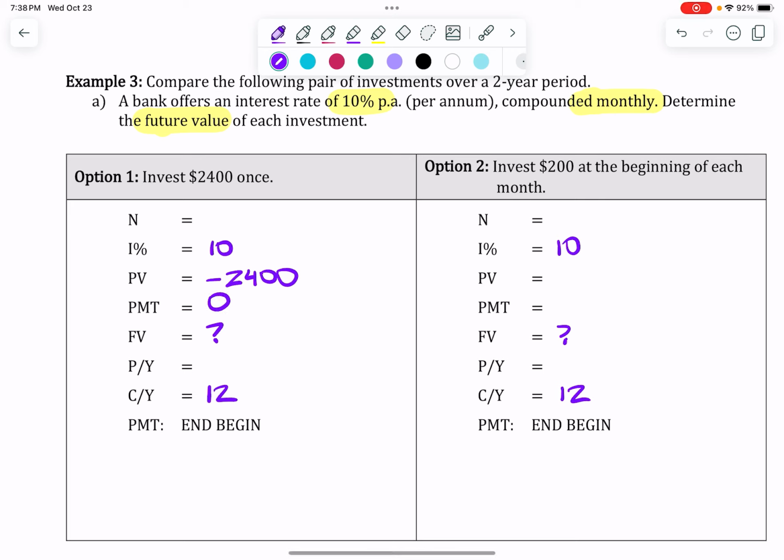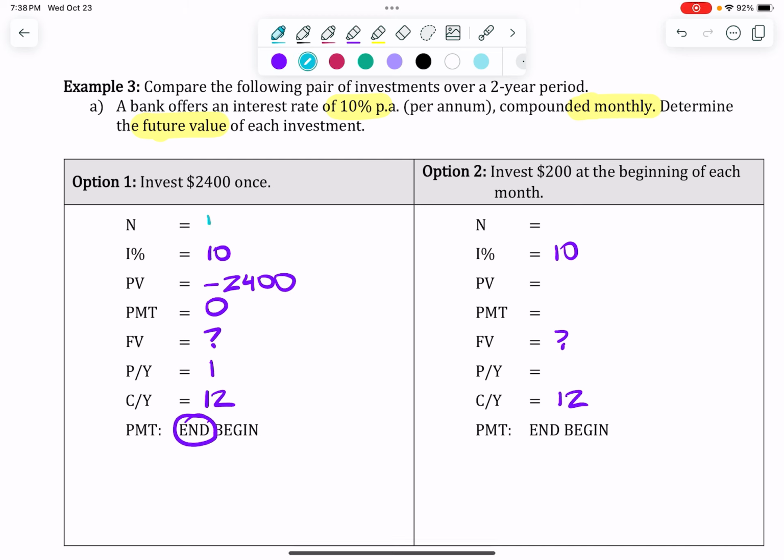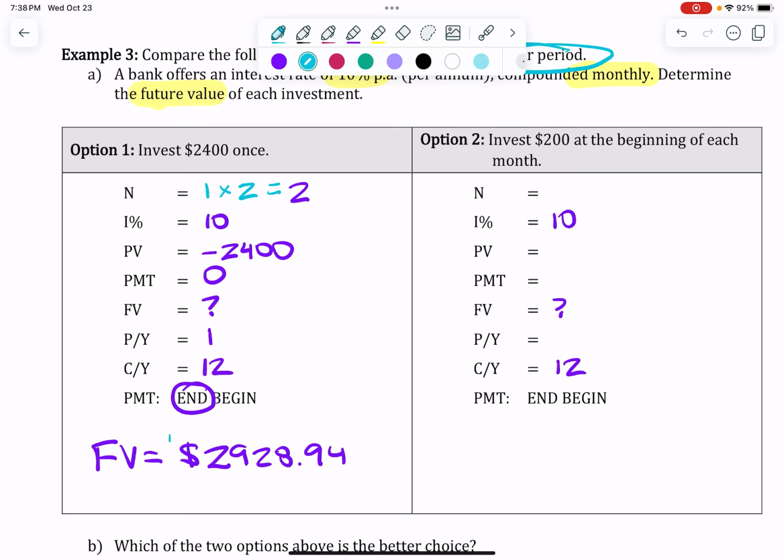Here I have no payments, so my default is 0 for PMT, 1 for payments per year, and end. And my N is 1 times my number of years. The question says it's a 2-year period, so I get 2. When I plug that in, my future value ends up being $2,928.94.